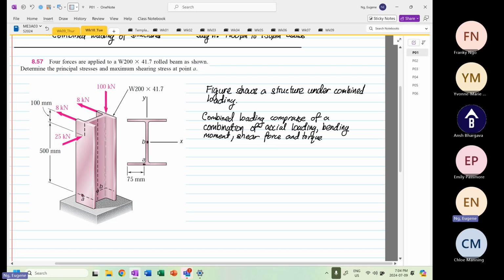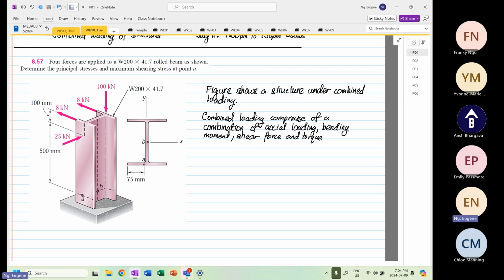For this case, what you see in the figure, there's no torque. So we only have axial loading, bending moment, and shear force.